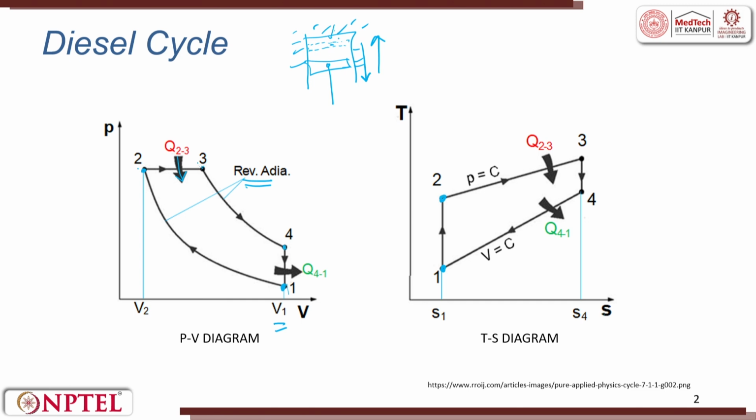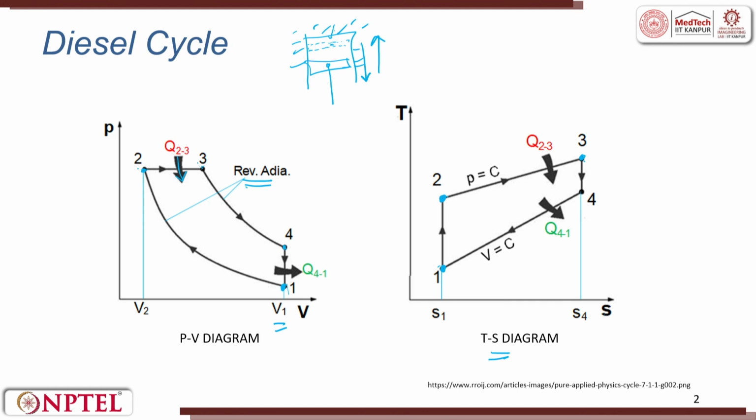Because the volume is compressed, there is naturally a temperature increase. Then from 2 to 3, where you are trying to put in an input Q, there is a constant pressure process, and during this time the entropy increases from 2 to 3.